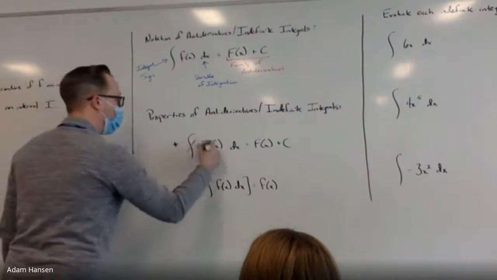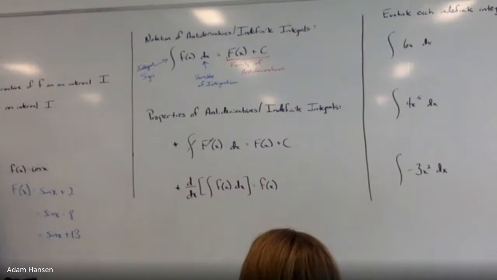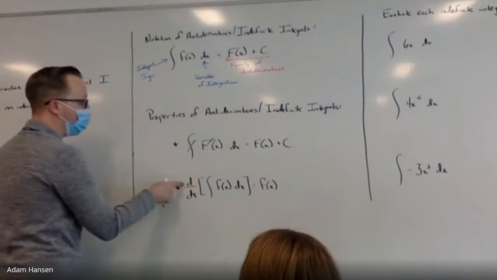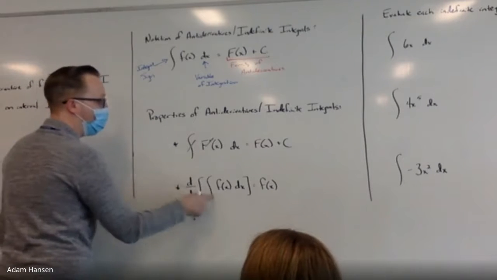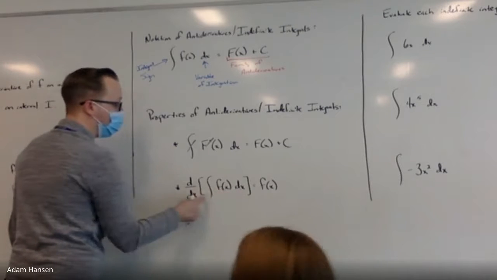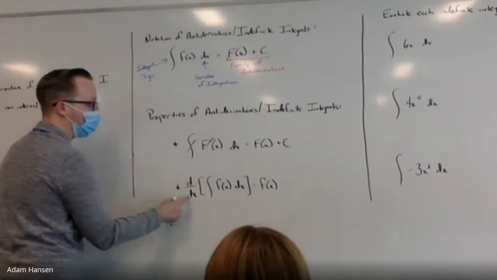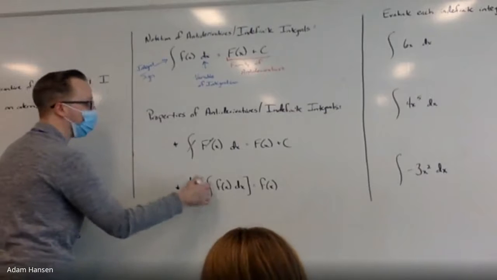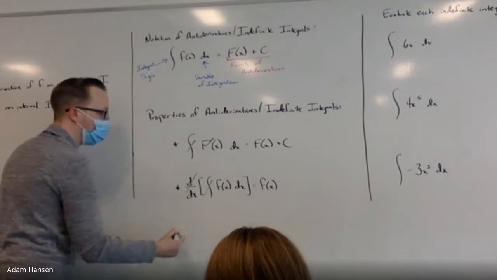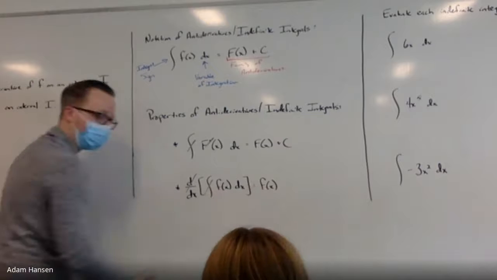Those basically undo each other. Similarly, d dx, the derivative of the integral of f of x dx with respect to x, well, if I take the derivative and the integral at the same time, cancels itself out again to the original function.